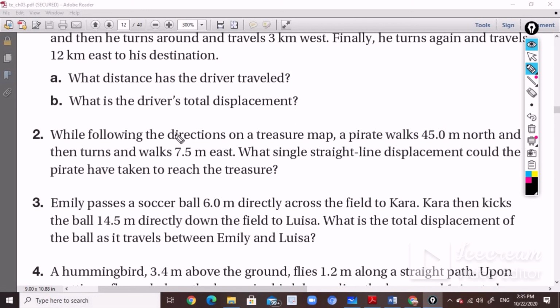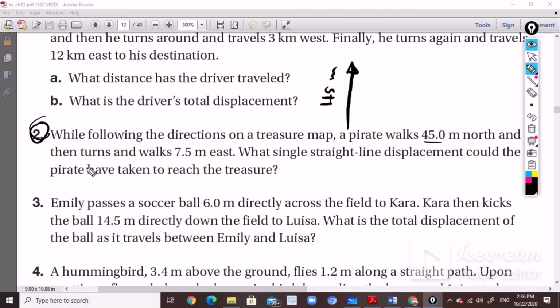Okay, to understand more, let's answer another question. Look at this question we have here. While following the directions on the treasure map, a explorer walks 45 meters north. Okay, to draw the problem is very important. Now 45 to the north, that is the 45 meters to the north.